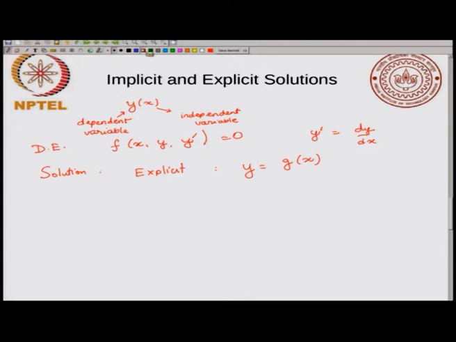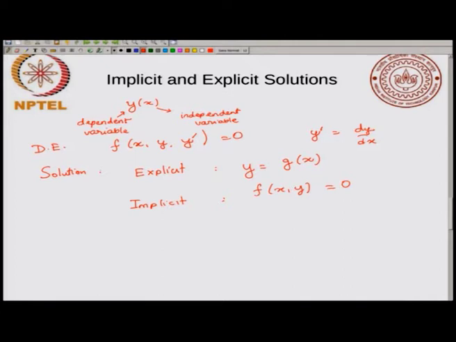In an explicit solution your left hand side is y and your right hand side is some function of x. When you solve it, you say that this is the solution. Or you could also have an implicit solution where you do not actually separately write y equal to something, you have some function of x and y equal to 0.